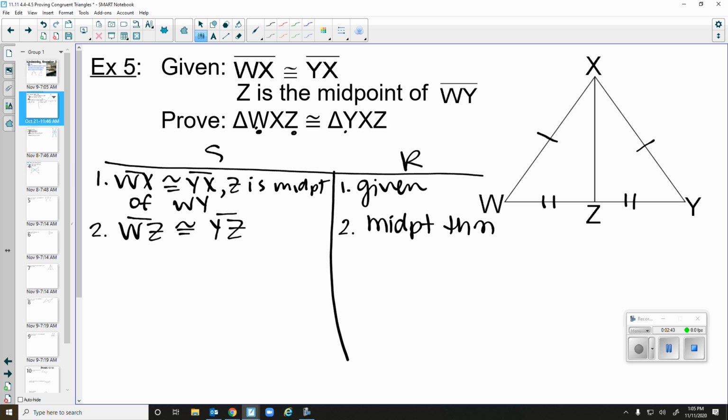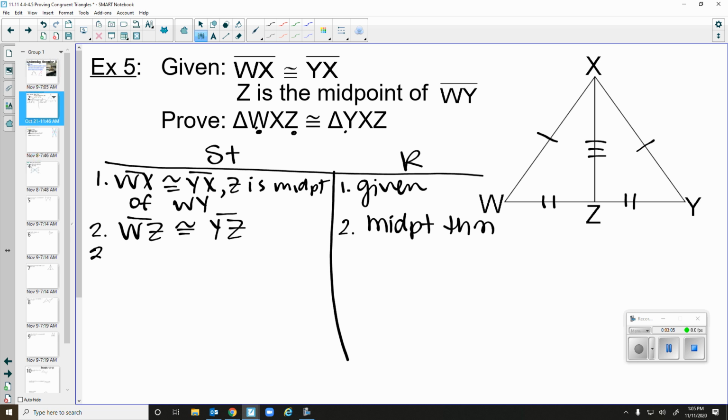So then we can do side, side, side. What can you say? XZ is congruent to XZ. Exactly. We have this side that is a shared side. It's from both triangles.